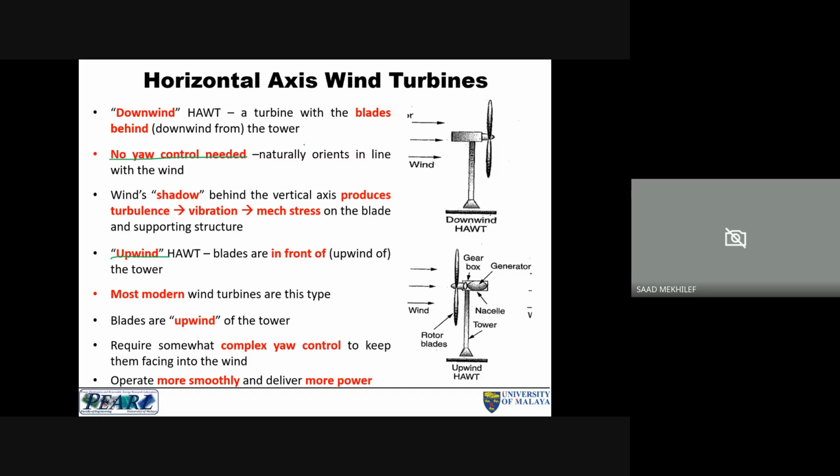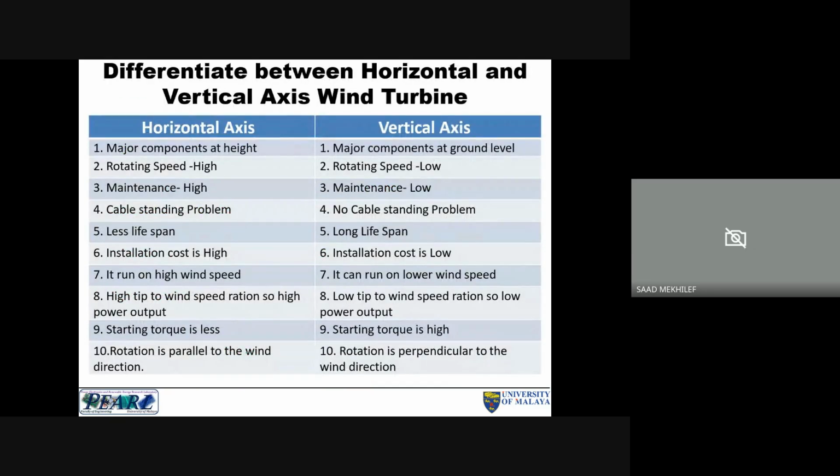So the wind will come from this direction, facing the wind blades. Most of them. So this is the comparison between the horizontal and the vertical axis wind turbines. For horizontal, major components are at height, quite high. For vertical, major components are on the ground.